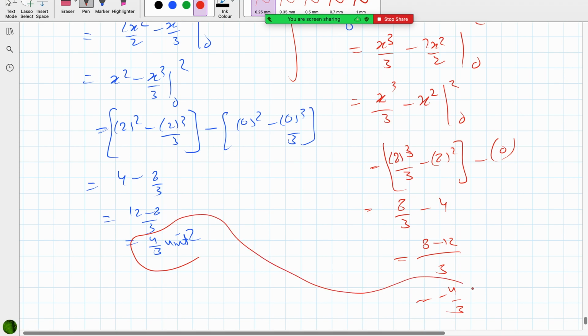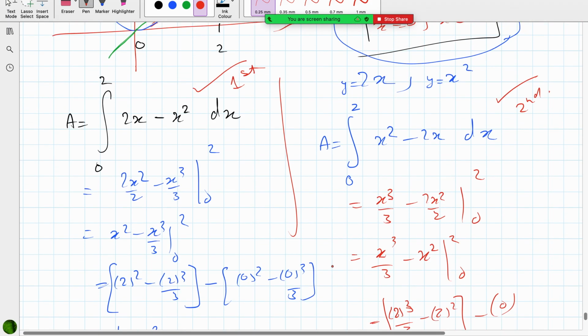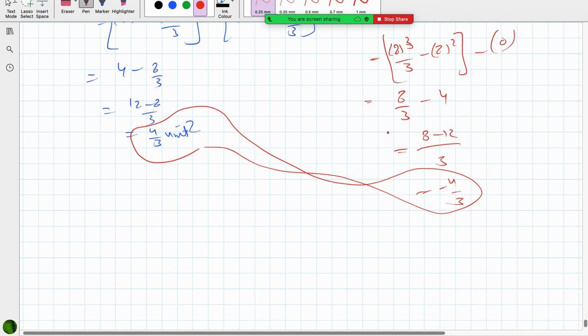Compare these two. This is the only difference. At this stage, you will know that you've actually switched them. No need to solve the question again. This is 100% acceptable. Just write one more step: 4 by 3 unit square. Area cannot be negative. Clear, Mohammed?